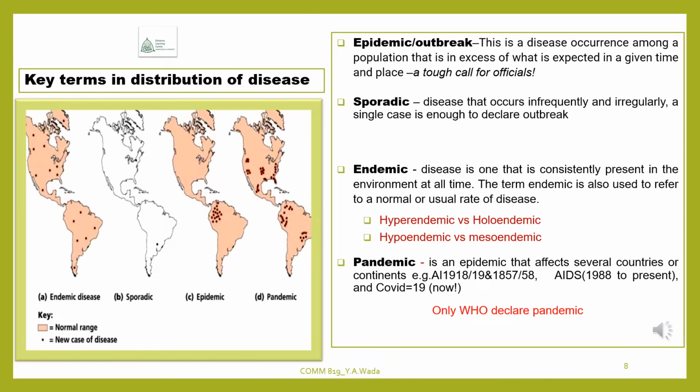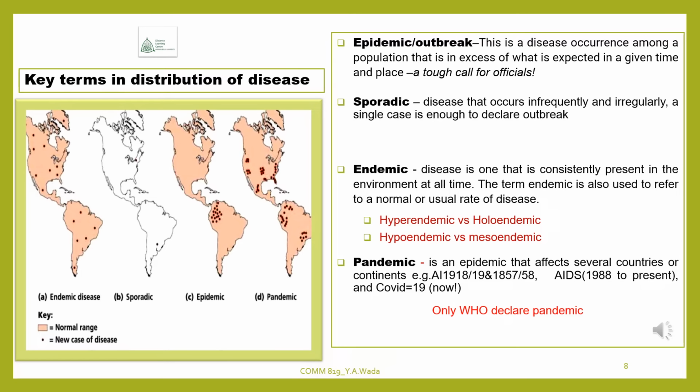Then we have AIDS. We had the AIDS pandemic from 1988 to present, and currently we are faced with coronavirus disease 2019, which is what we are battling with at present.